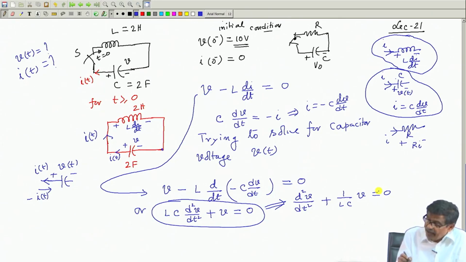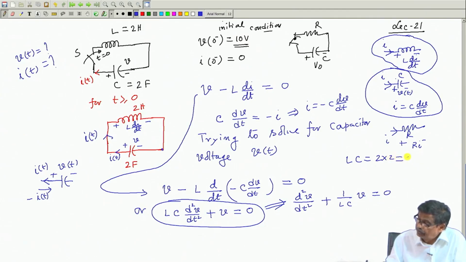The value of L is 2 Henry, and C is 2 farad, so L into C is 2 into 2, equal to 4.